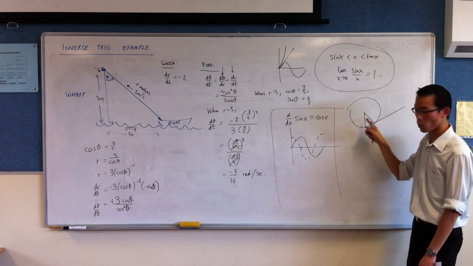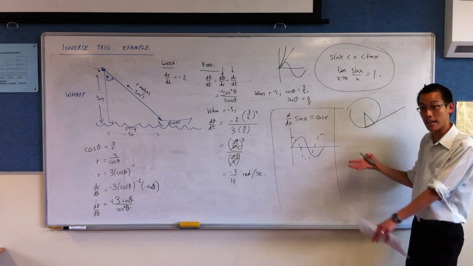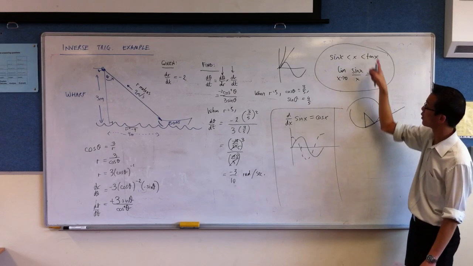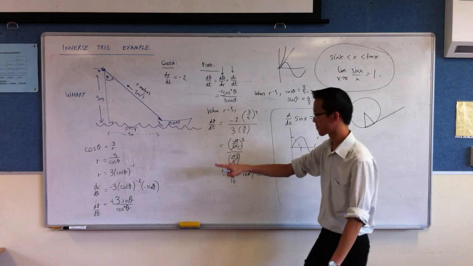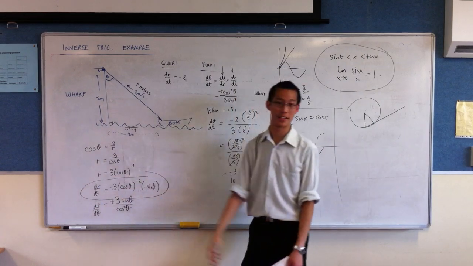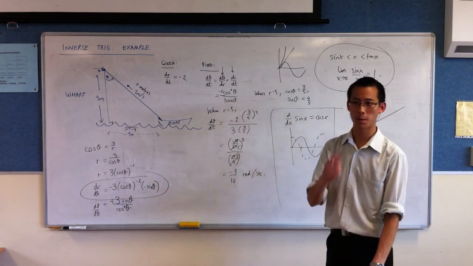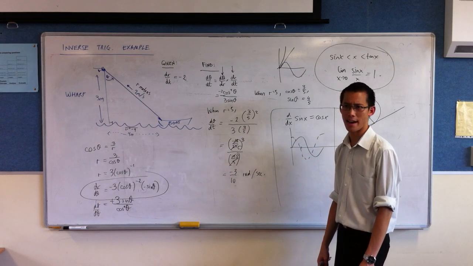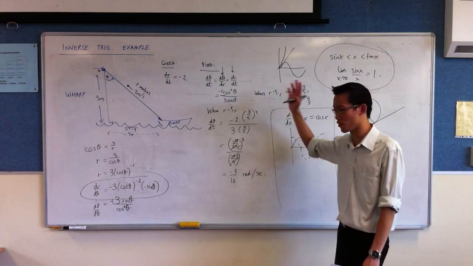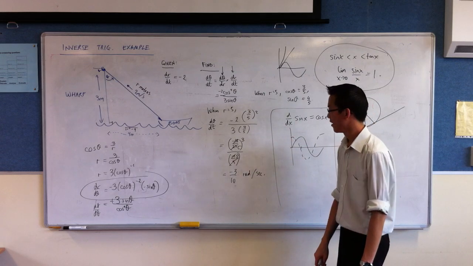So all of these results only work in radians. It doesn't make sense if it's in degrees. You have to multiply everything by 180 on pi, which I suppose you could do, but all of your numbers would be disgusting.